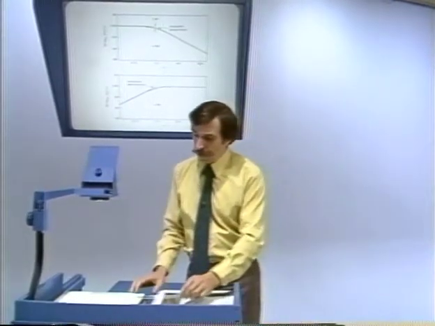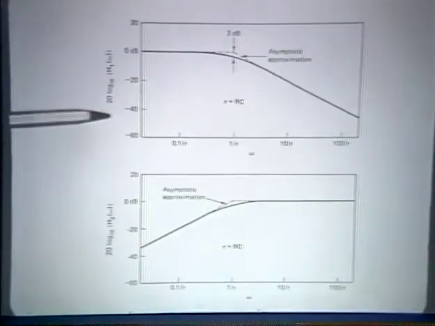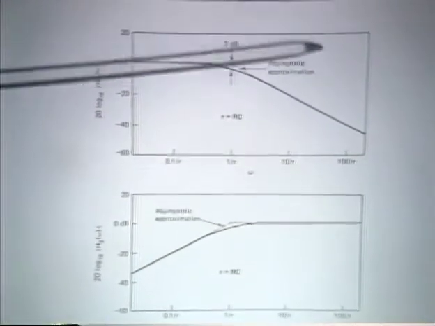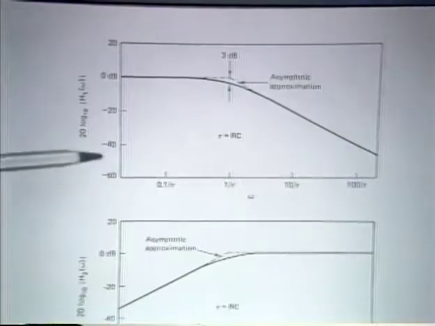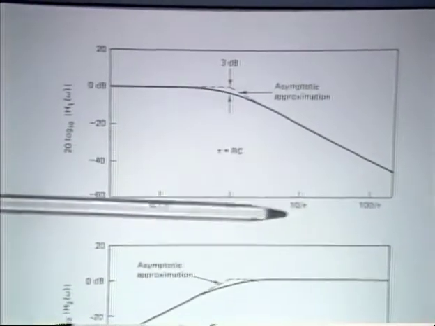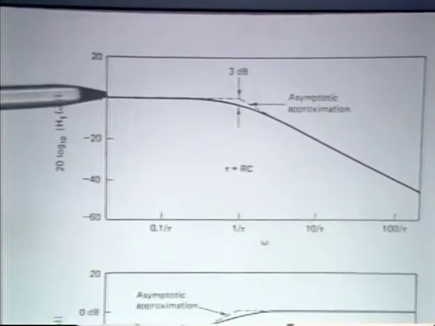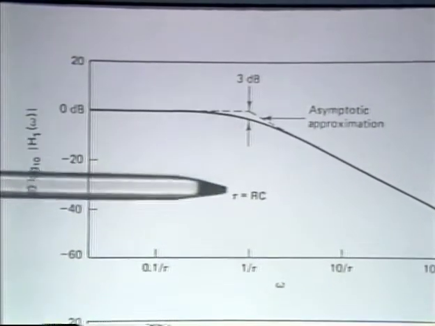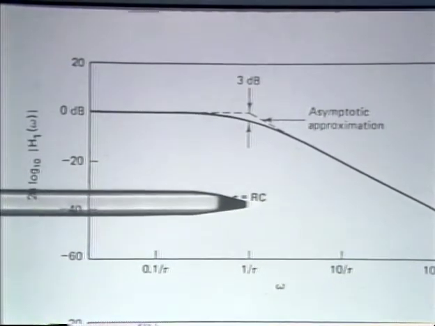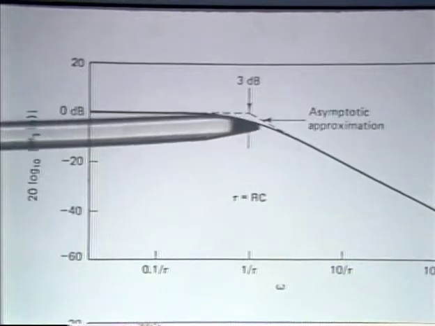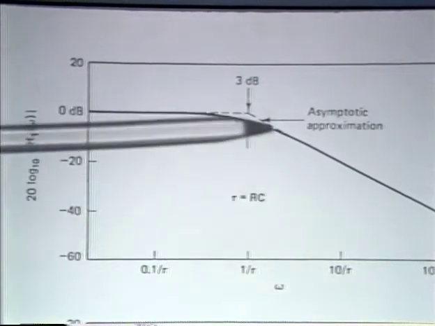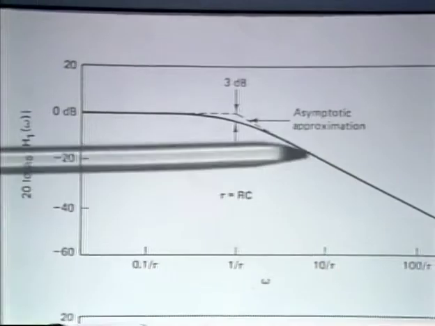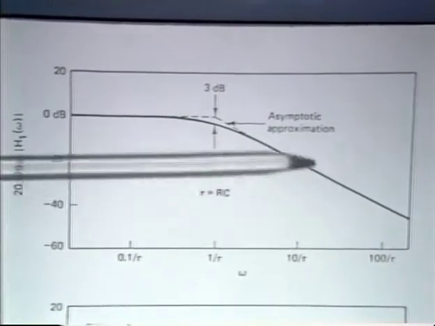So I have shown at the top a Bode plot of the system function associated with the capacitor output. It's flat out to a frequency corresponding to 1 over the time constant, RC, and then it falls off at 10 dB per decade, a decade being a factor of 10.